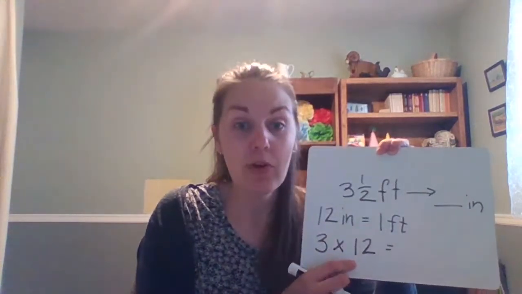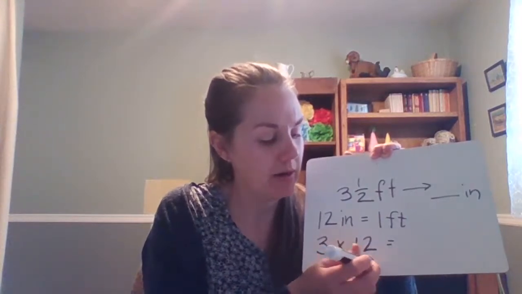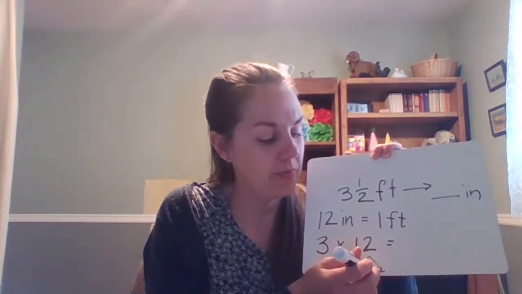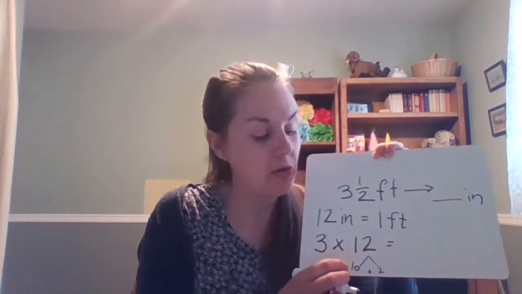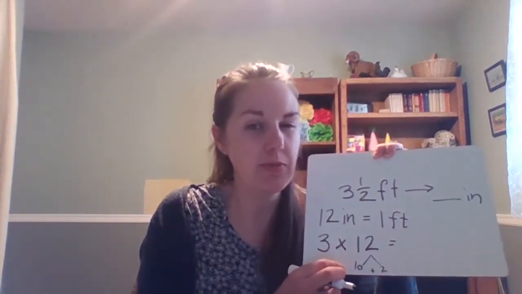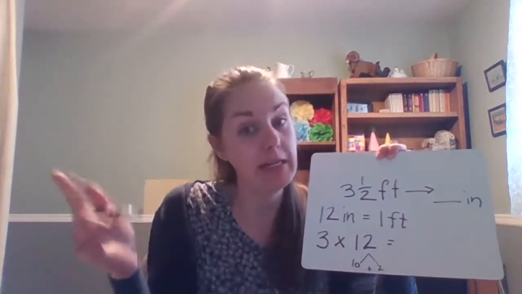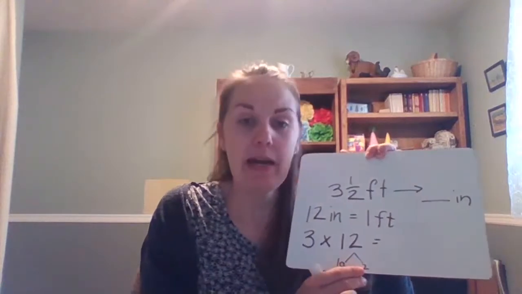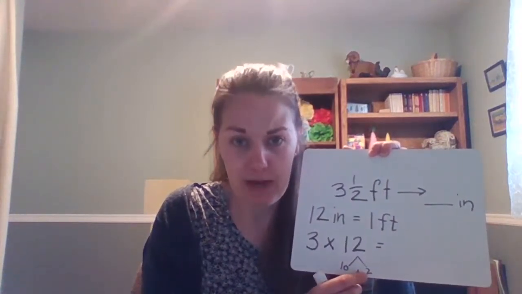So 12, we know we could break out into 10 and 2. So 10 plus 2 is the same thing as 12. And so I really like multiplying by both of those numbers. I like multiplying by tens because I can count by tens super fast. And I also like multiplying by twos because you can count by twos super fast.